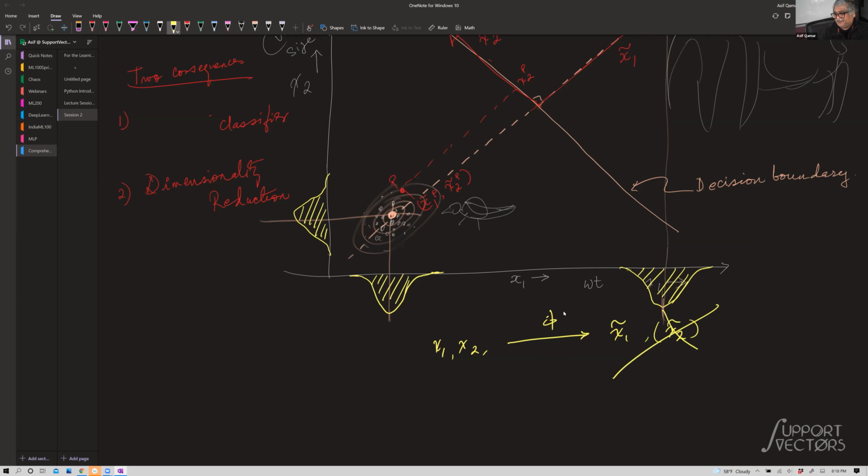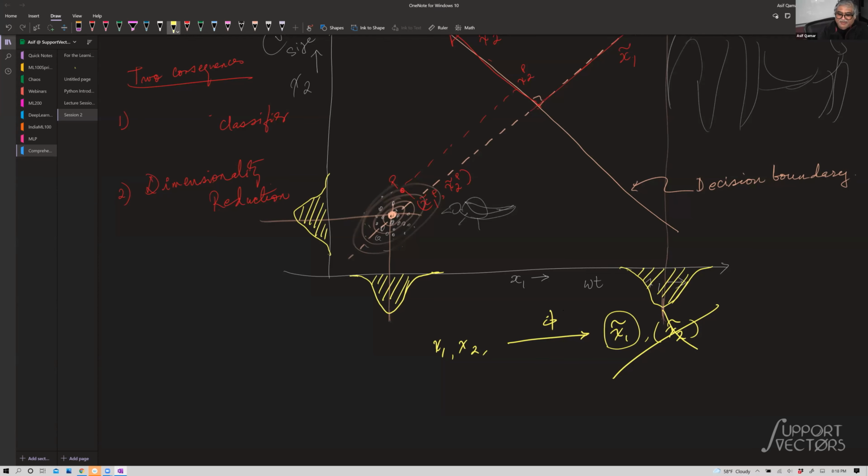We don't care, right? Using some rotation or some transformation, we go to a new coordinate system. And we realize that only one axis matters. The other axis is irrelevant. The other feature is irrelevant.